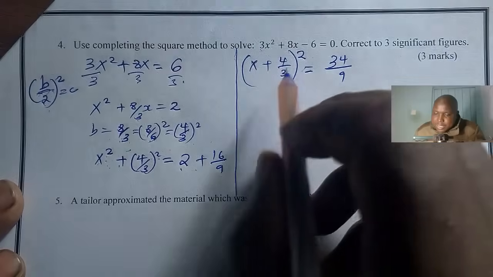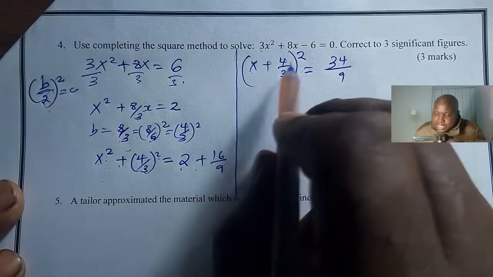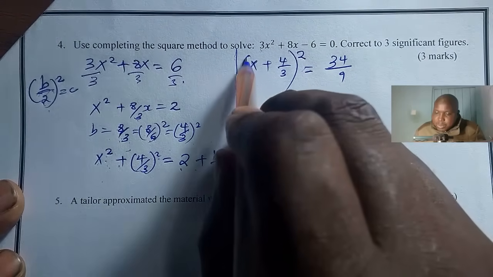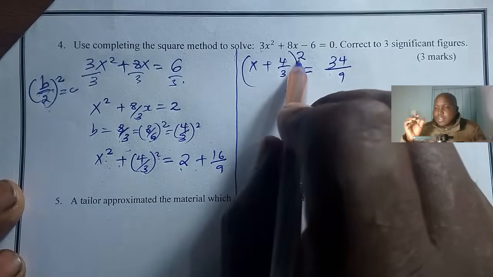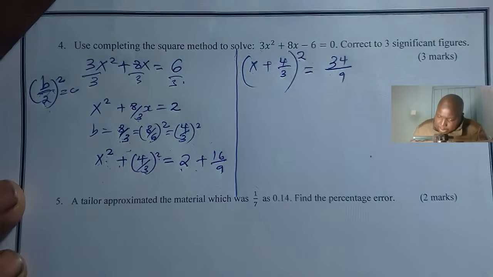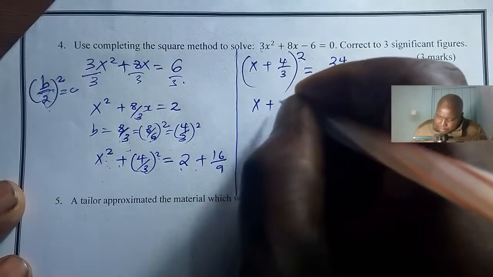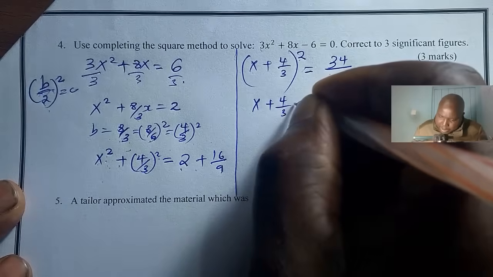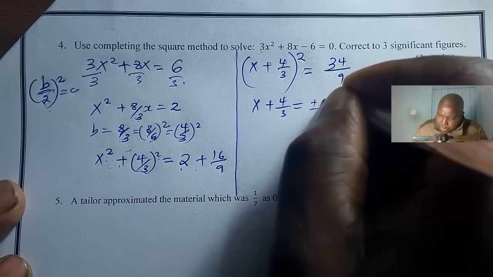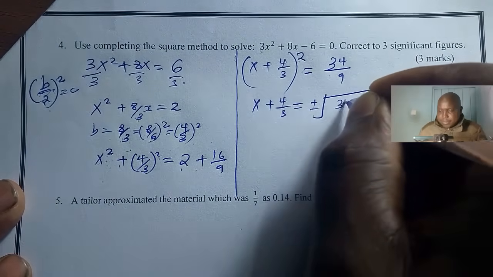Now, since we want the value of x, we square root both sides, this and this side, so that we remove this square here. So x plus 4/3 is equal to plus or minus the square root of 34/9.